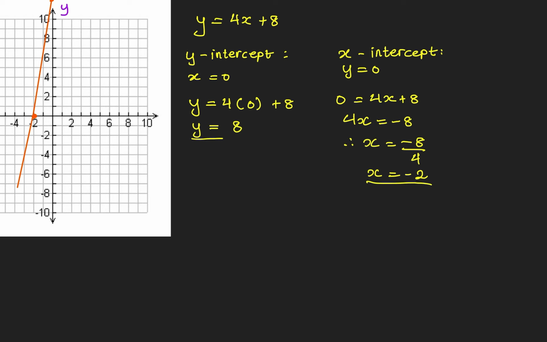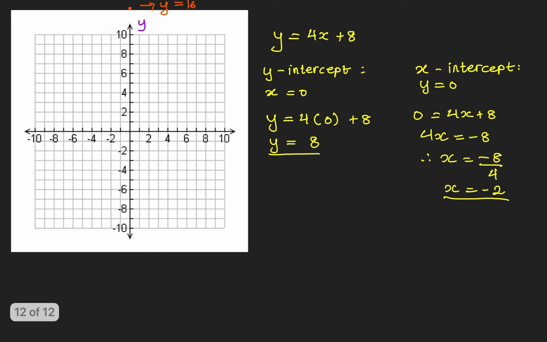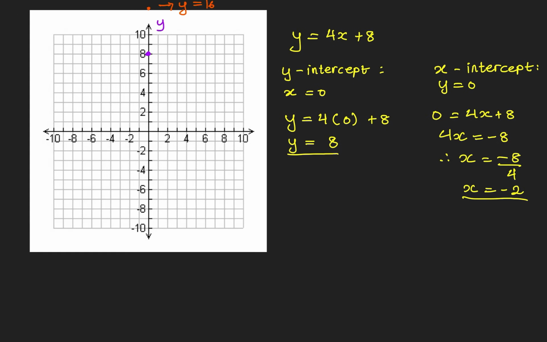Now we have our two values. Let's plot them. So let's take y is equal to 8. So that's here. And x is equal to negative 2. So that should be our graph. So let's see. There we go. So this should be the visuals of our graph.